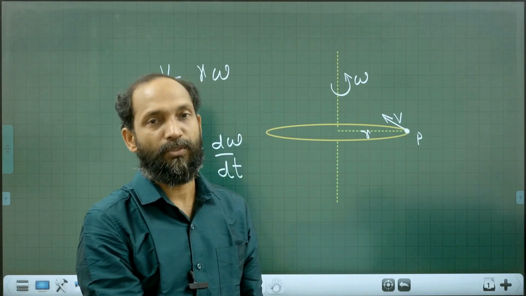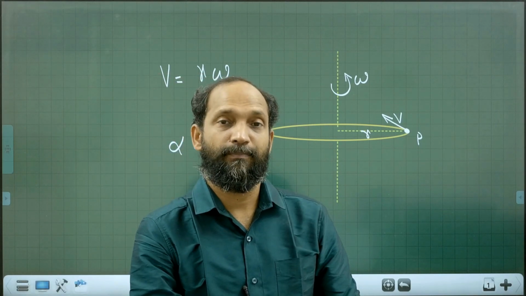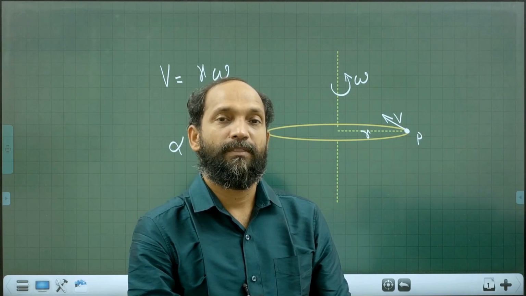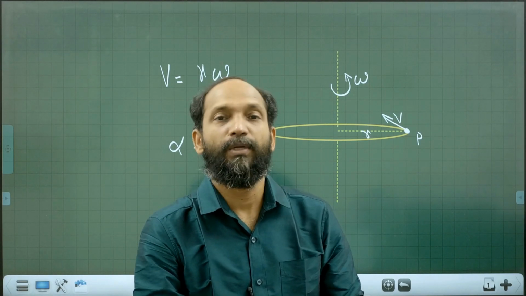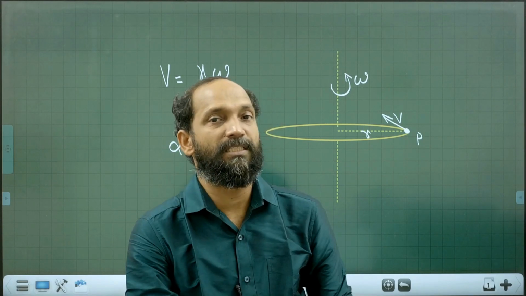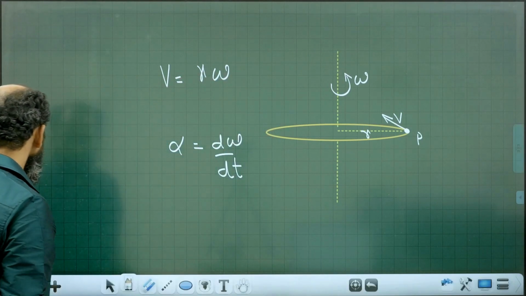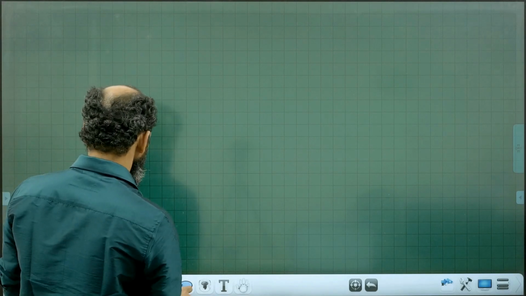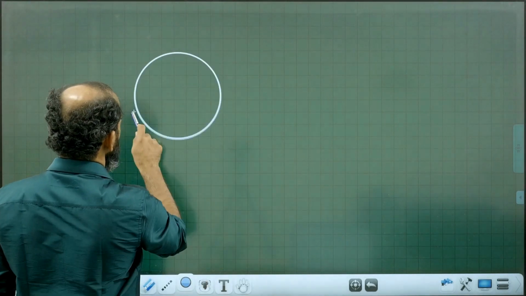Now the third type is rolling. Rolling is the combination of translation and rotation. Rolling is the one which is most prime here.